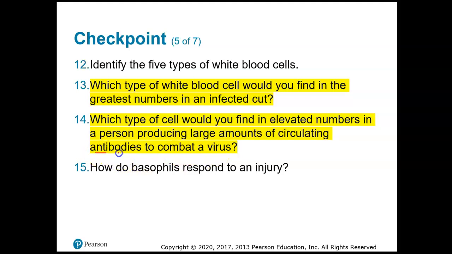So the white blood cells that produce antibodies are called B lymphocytes. Well, they're actually called plasma cells, but they originate as B lymphocytes. The other lymphocytes are called T lymphocytes. So the answer is lymphocytes for 14.